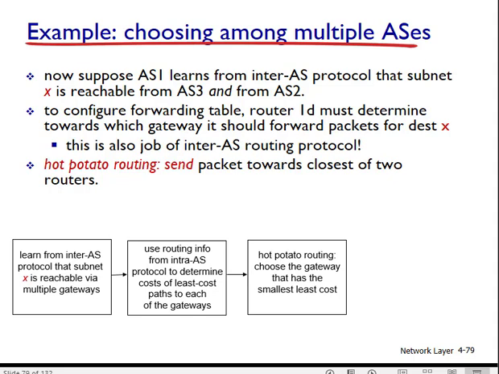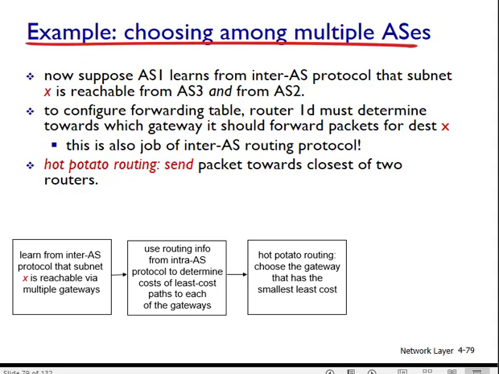In the context of the current example, hot potato routing running in 1D would use information from the intra-autonomous system routing protocol to determine the path cost to 1B and 1C, and then choose the path with the least cost. Once this path is chosen, router 1D adds an entry for subnet X in its forwarding table. This figure summarizes the actions taken at router 1D for adding the new entry for X to the forwarding table.